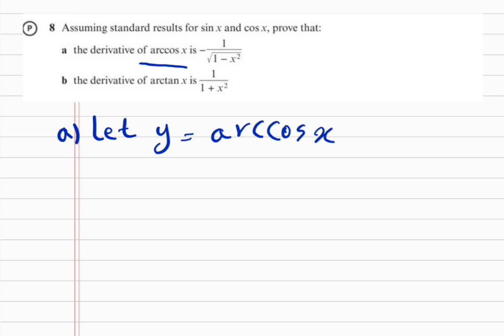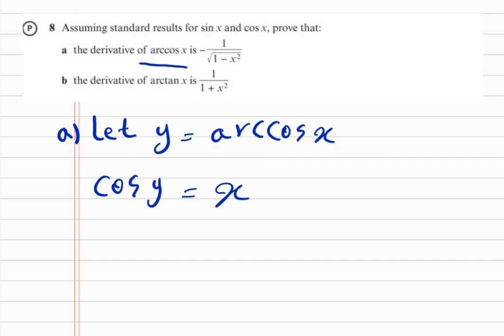Now at this point, we can find the cos of both sides. So apply the cos function to both sides, because that allows us to cancel out this arccos. So we will have cos y is equal to simply x.